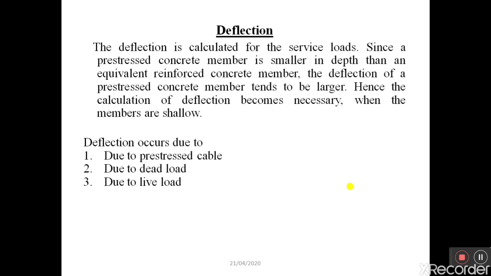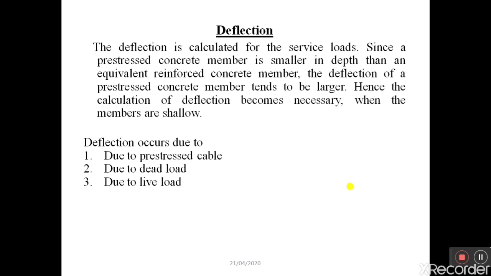So firstly, what is deflection? Deflection means the change of the shape of a prestressed concrete beam. That is, the beam will undergo deformation when the load is applied on a beam, and that is called deflection. As per IS recommendation, the deflection has certain limitations.